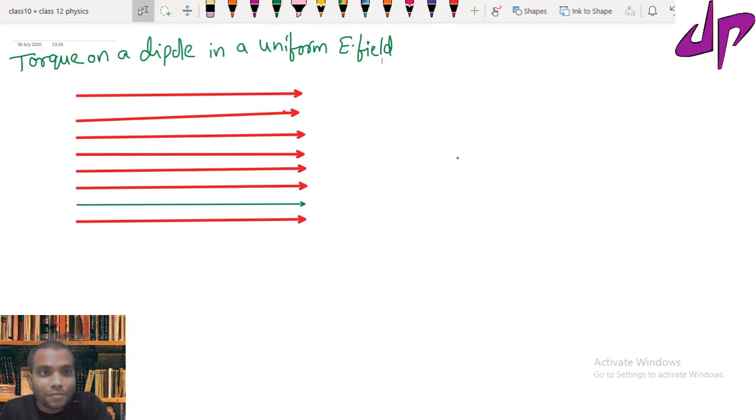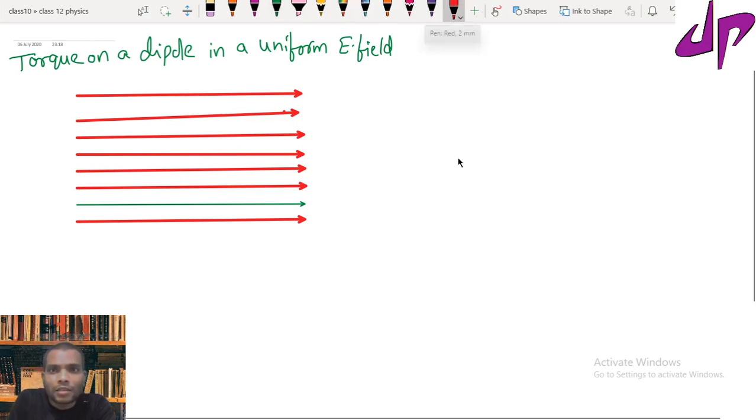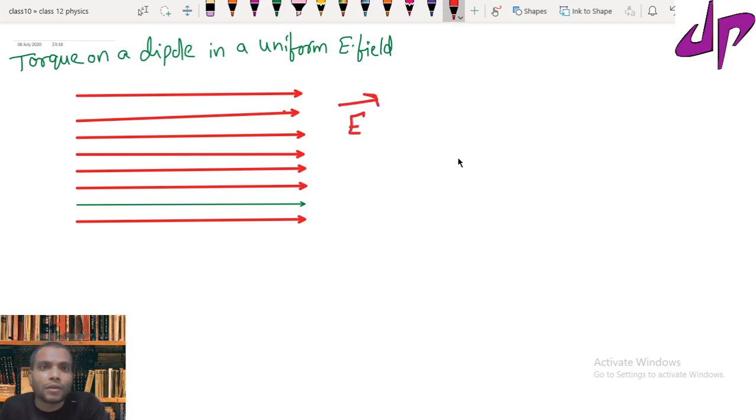Let's see the concept: torque on a dipole in a uniform electric field. Suppose this is a uniform electric field, and the electric field direction is along this direction. Suppose I bring a dipole into this electric field. I would like to draw a dipole just like this.